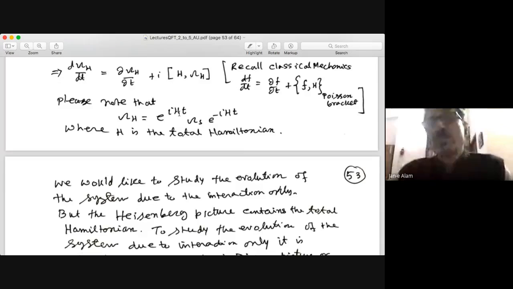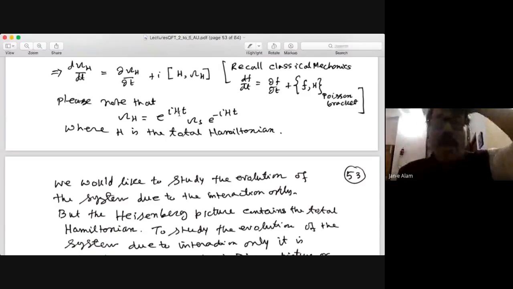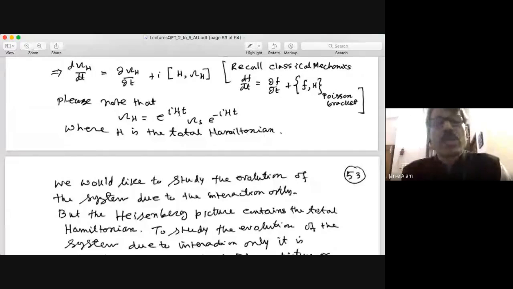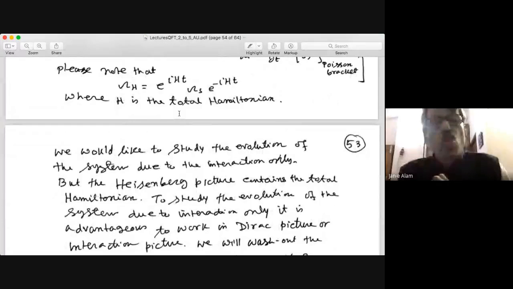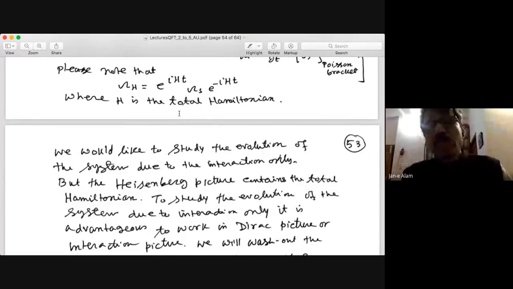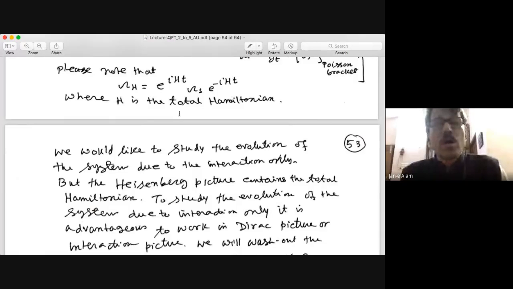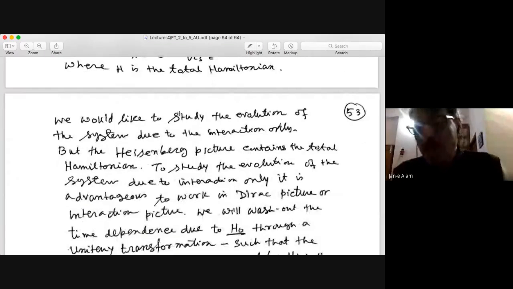But in between there are some interactions, right? So I want to separate these two things. I want to wash out the H naught evolution due to the H naught part, because I want to learn something which is happening because of the interaction.